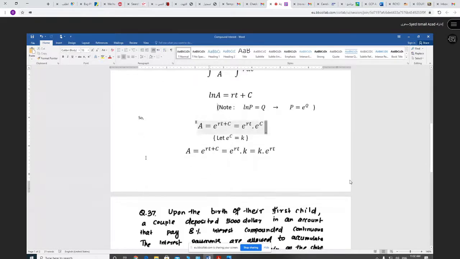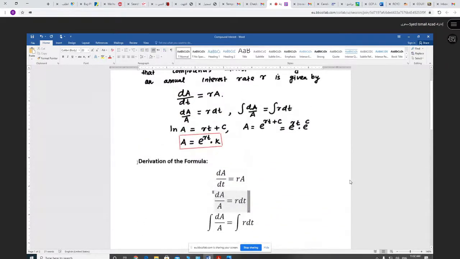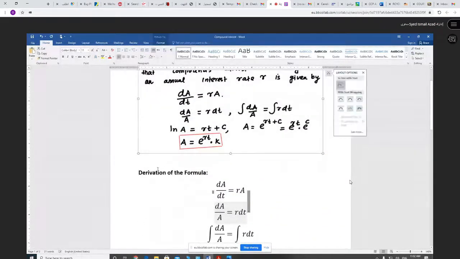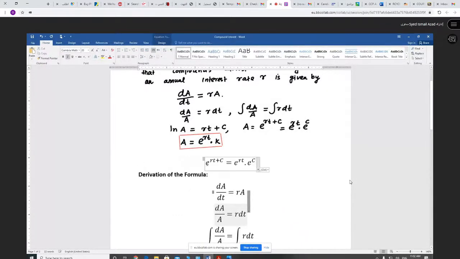This is something you should know. Let me just show you over here. If, let's say, you have 2 power 3 plus 4, you can write down 2 power 3 multiplied by 2 power 4.